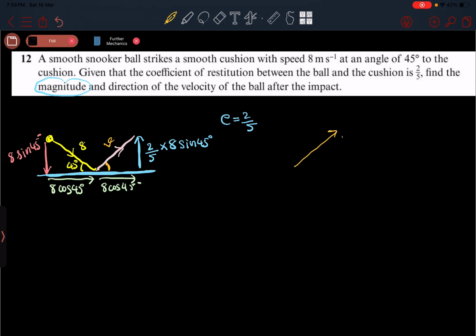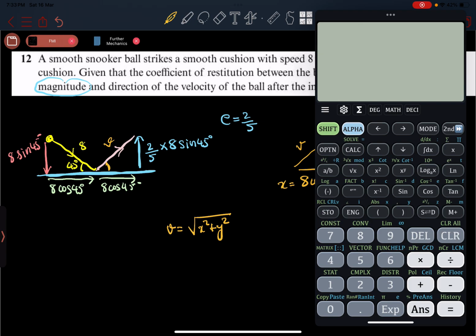If we make this into a Pythagoras' theorem question, x is equal to 8 cosine 45, and y is equal to 2/5 times 8 sine 45. So v is equal to the square root of x squared plus y squared.